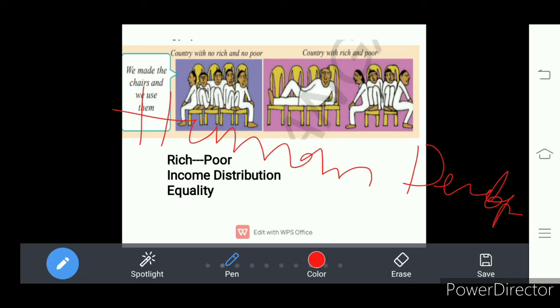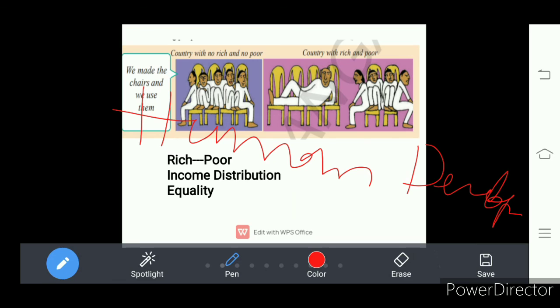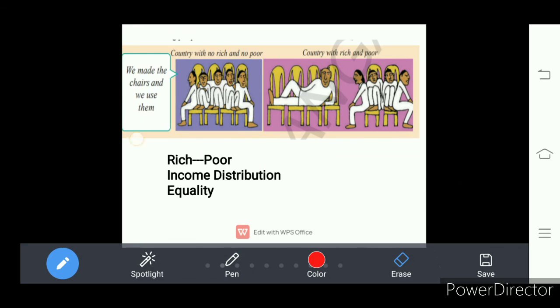What is important for human beings is taken for measuring the development. So food, clothing, shelter, education, right? These are essential for the people. All these are taken and a new criterion was created for measuring development, that is HDI.